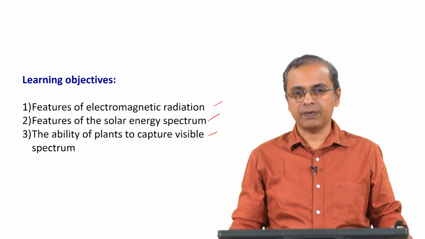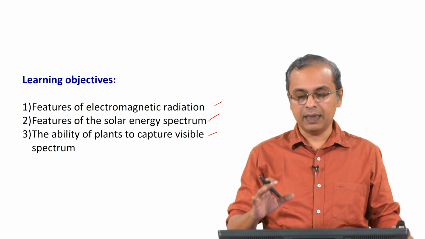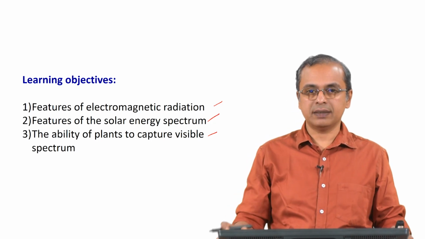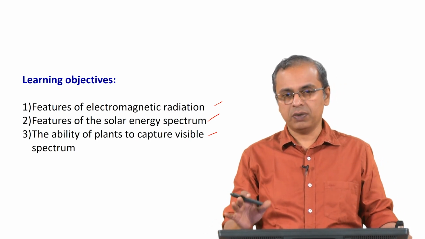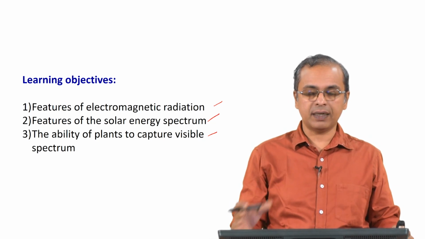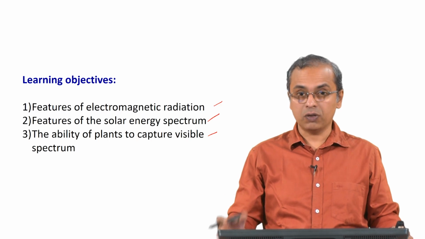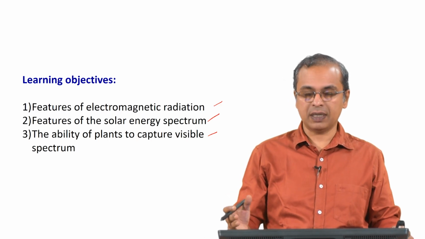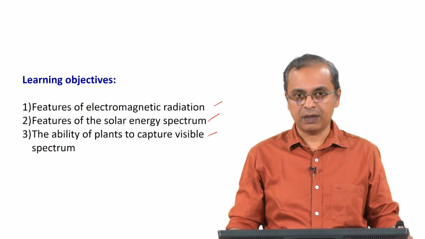On top of it we will also get a better sense of the ability of plants to utilize this spectrum. We will touch on the plants only in a very brief manner, just to get a sense of how the plants seem to have a good ability to capture sunlight. That part we will look at very briefly, but the rest of it is where our focus will be.